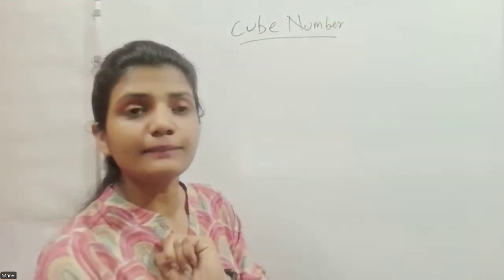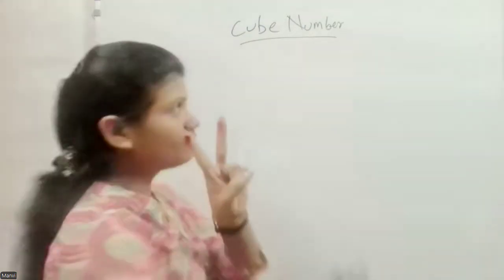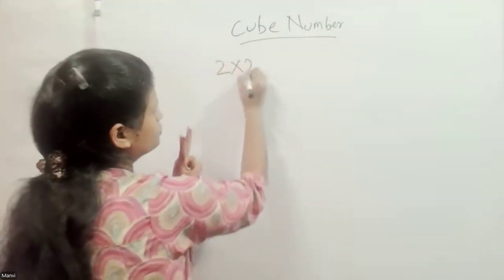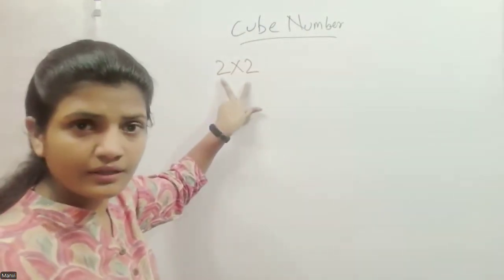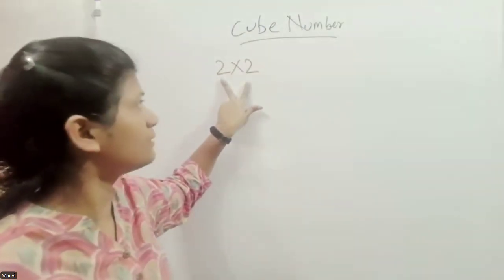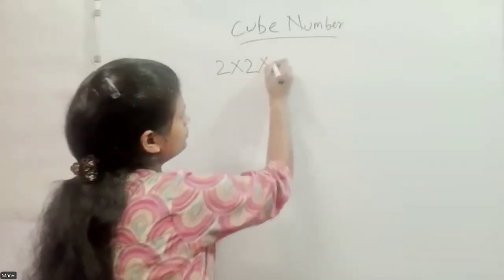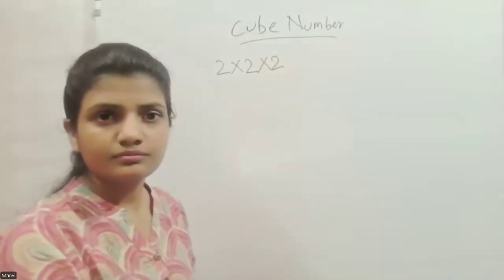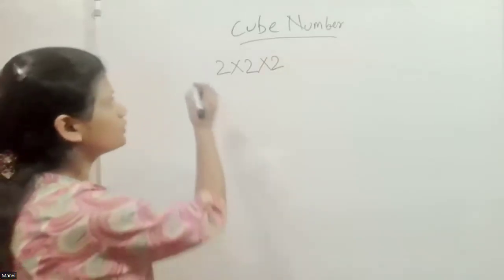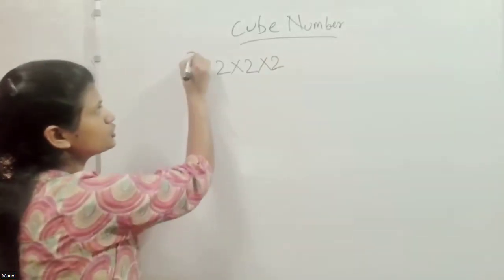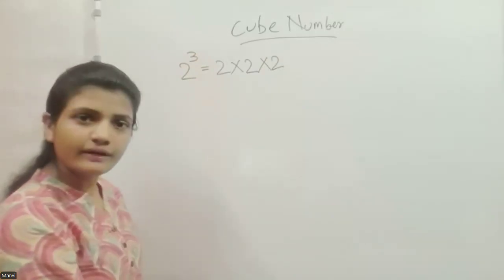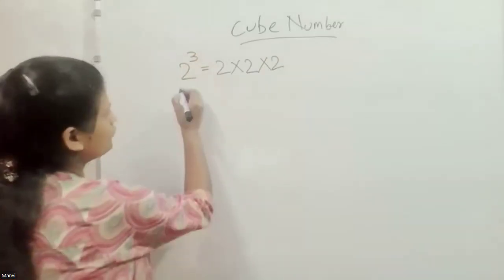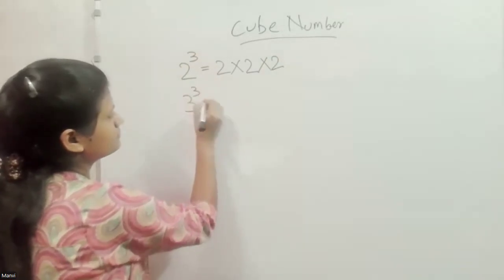In a square, we multiply a number 2 times: 2 multiplied by 2, then this is a square number, right? And if we are asking about a cube number, then we multiply this 2 three times. We denote it like this way, 2 cubed. So what will be the answer of this?